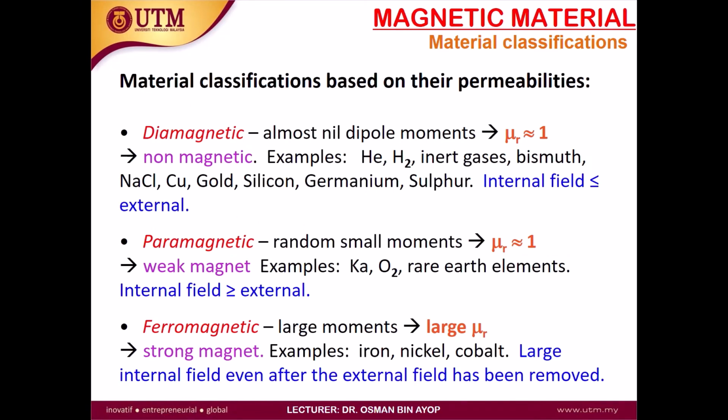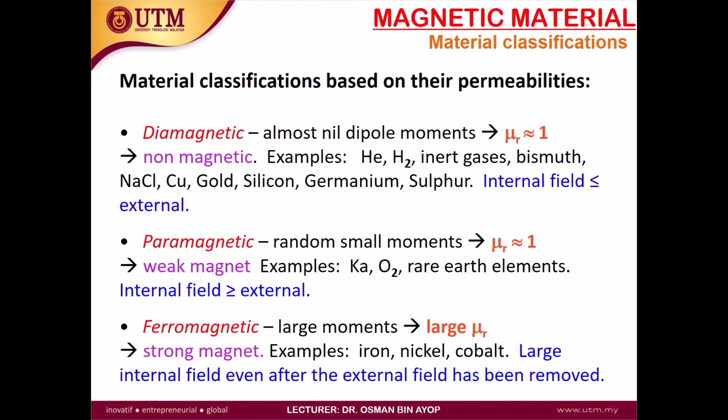Next, we go to material classification. This is very important because normally you will be asked about this during the final exam. We have three material classifications based on their permeability. First, we have diamagnetic, which has almost nil dipole moments, or mu r almost equal to 1.